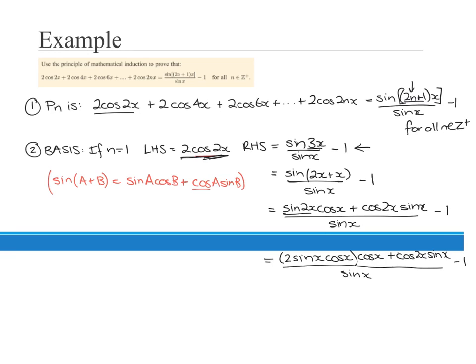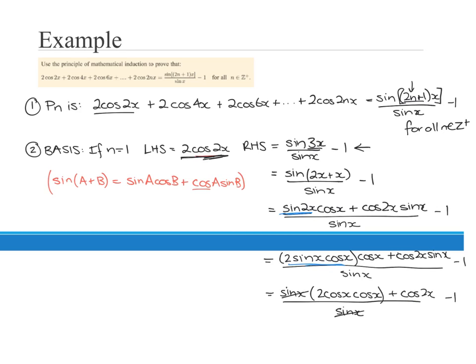Okay, now again, this is when I suppose you're going to need to grab all your rules to try and remember them. That's where this is going to get a little bit hard. Now we can pull out sine x as a common factor. So we've got 2 cos x plus cos 2x all over sine x minus 1.